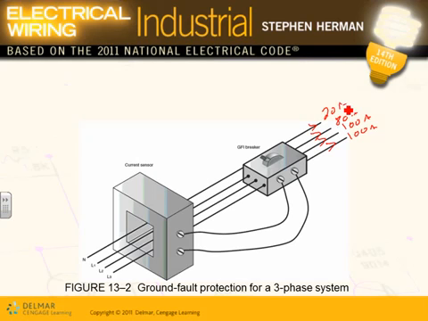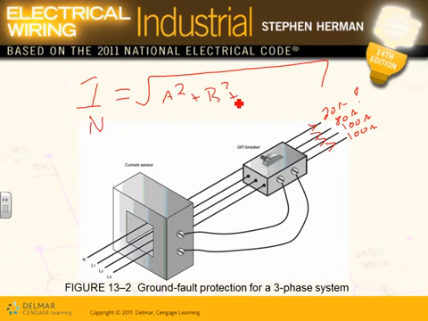Okay. So what this device looks at, Karen, is it looks at the current in each one of them, does the math on it, and if they don't add up, which I don't know if they will add up, so you take the neutral current. If you guys remember how you do that one long time, you take A squared plus B squared plus C squared minus 2AB minus 2BC minus 2CA.